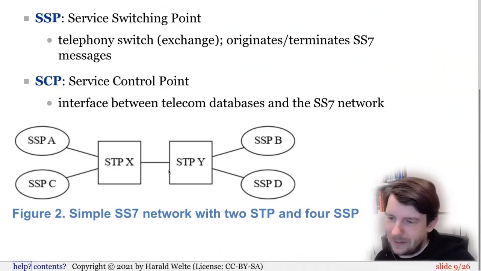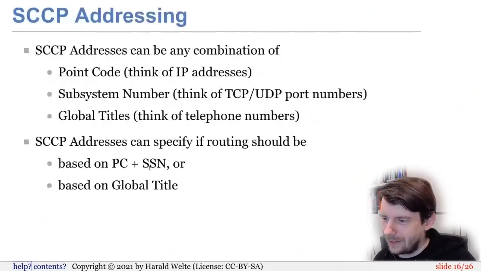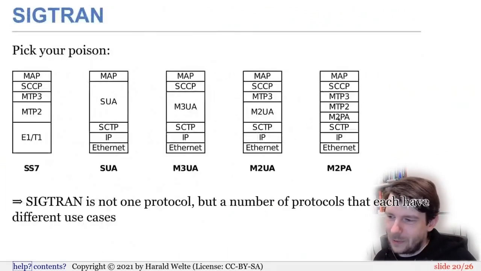But we want to keep the STPs like they are, and keep everything else the same. Then of course we have to use M2PA as a translation layer, because that's the only thing that is transparent enough for those two STPs to operate without any modifications. So you can basically put a gateway in between, and all the higher layer protocols will not notice any changes.